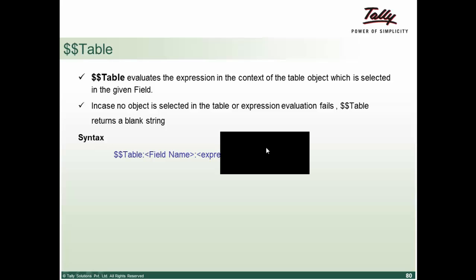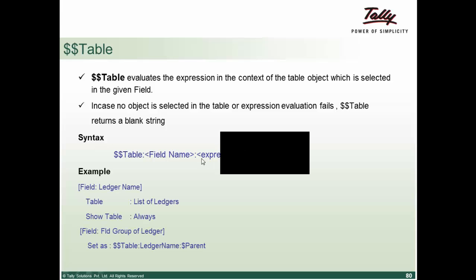So in field 1 we have the table. In field 2 we would like to call a value referred from the table only. So we make use of $table, the field name where the table is available, and the value that we need. So this is a simple example. $table, ledger name, the field name, and $parent. So whatever ledger I select here, its parent will get automatically selected here.